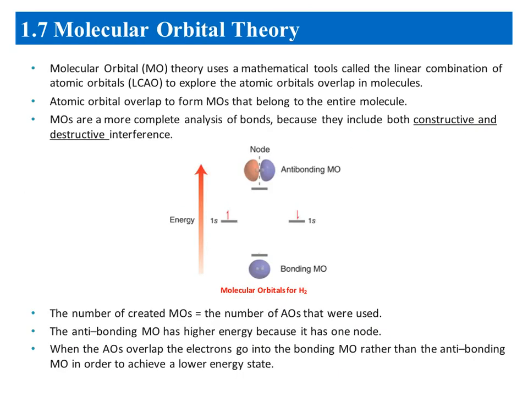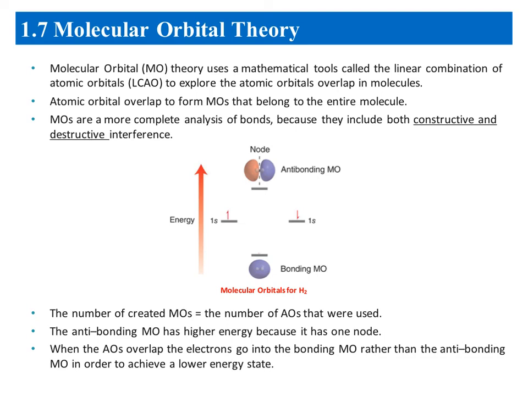Sometimes valence bond theory cannot properly explain the bonding in molecules, so we use another theory which we call molecular orbital theory, or MO theory. The MO theory uses a mathematical tool called linear combination of atomic orbitals, or LCAO, to describe bonding in molecules.